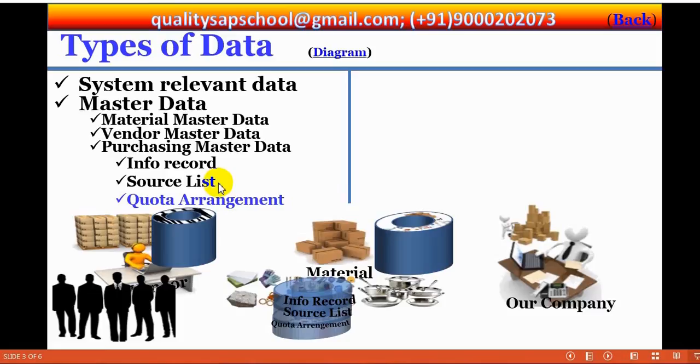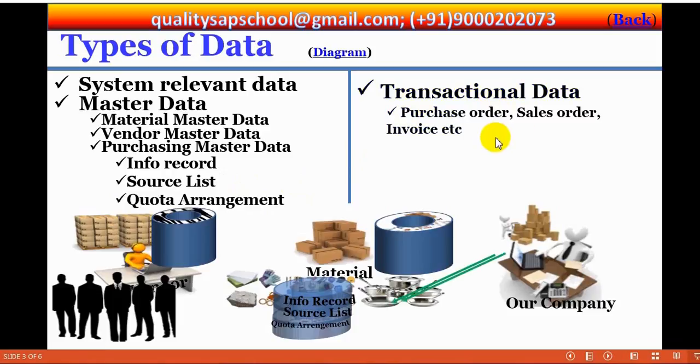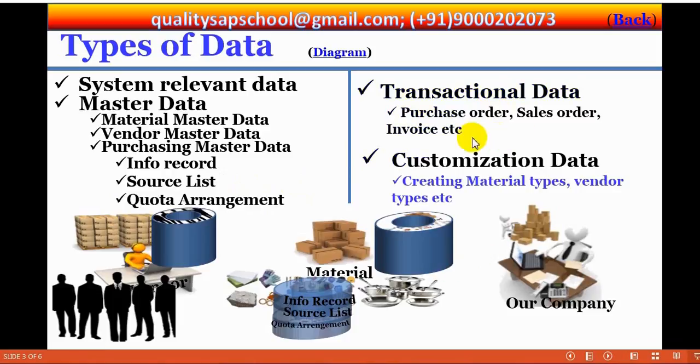Source list is the list of vendors for required materials, whereas quota arrangement is the allocation of requirement to the source list. Now what we will study in this topic is quota arrangement. Other than this, there are transactional data and customization data also. We will study those later on.